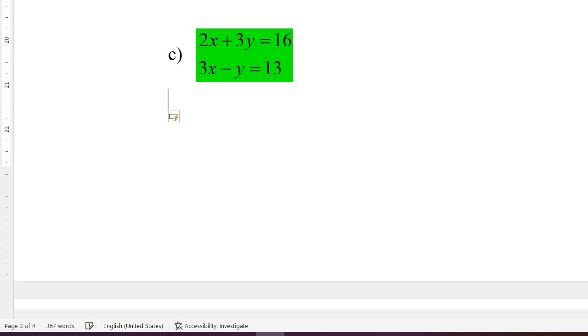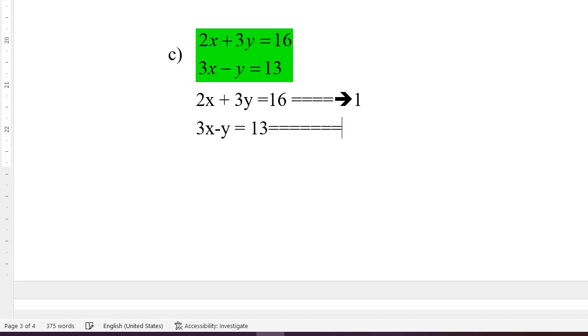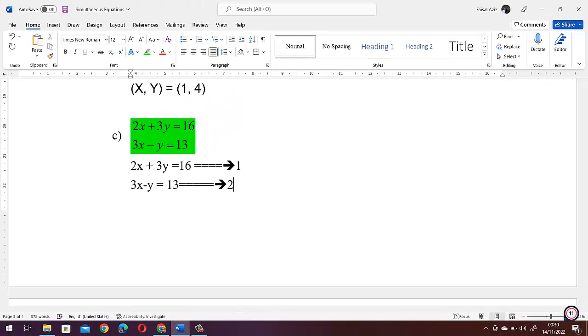First I'm going to name the equations. We have 2x plus 3y equals 16. This is equation number 1. And the second equation we have 3x minus y equal 13, and this is equation number 2.